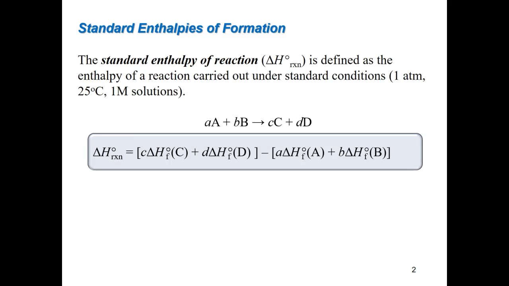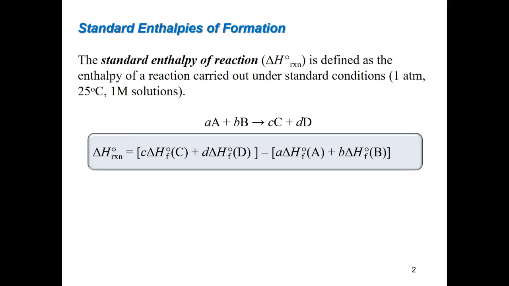So what this delta H0 for the reaction is: c, the stoichiometric coefficient for compound C, times its heat of formation, plus d, the number of moles in the balanced chemical equation, times the heat of formation of D. Add those up, that gives you the sum of the heats of formation for the products, and then we'll subtract the heats of formation for the reactants.